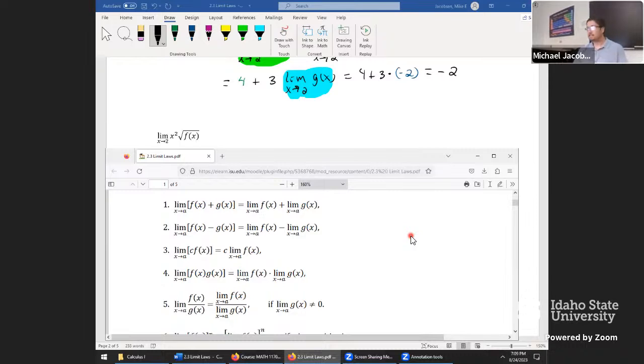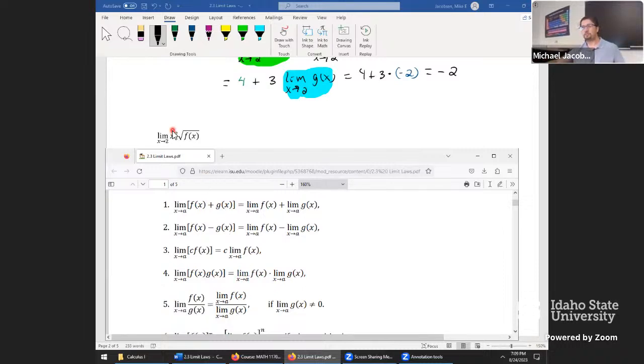It takes a little bit of time to train our eyes to know how does 4 work for us. But on this one, think of the f of x as being x squared. That's one function. Think of the g of x as being this root of the f function as well. It's 2 different functions. And if you're taking the limit of a product of functions, then just take the individual limits and multiply them together.